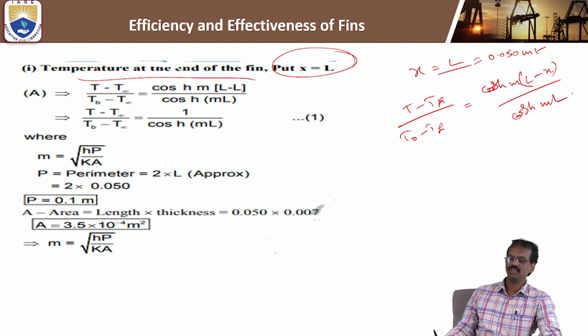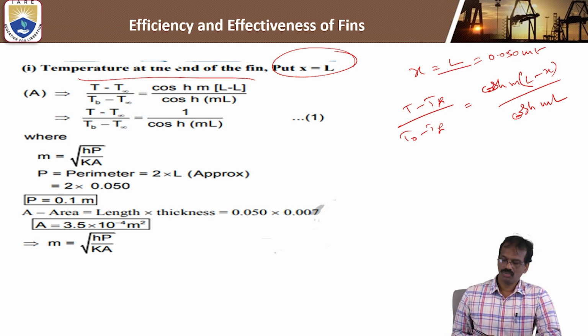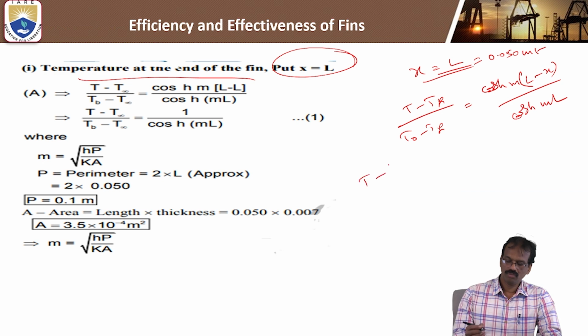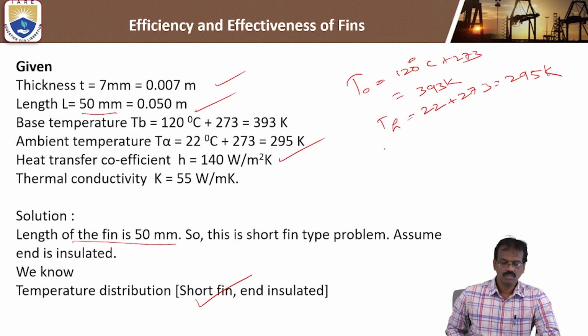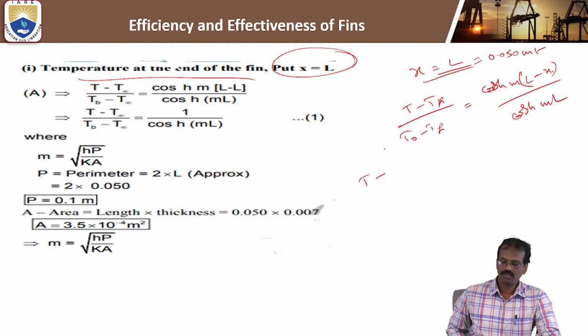So this is the formula. Here x is equal to L because it is the full length. So then T we don't know. We have to find out this one. The value of T infinity, you know that, T infinity is equal to 295 Kelvin, you can take.